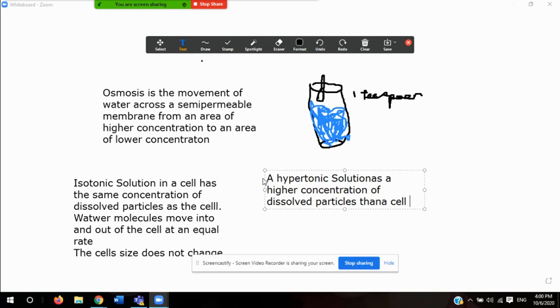So basically, this means that there is a higher concentration of water inside the cell.